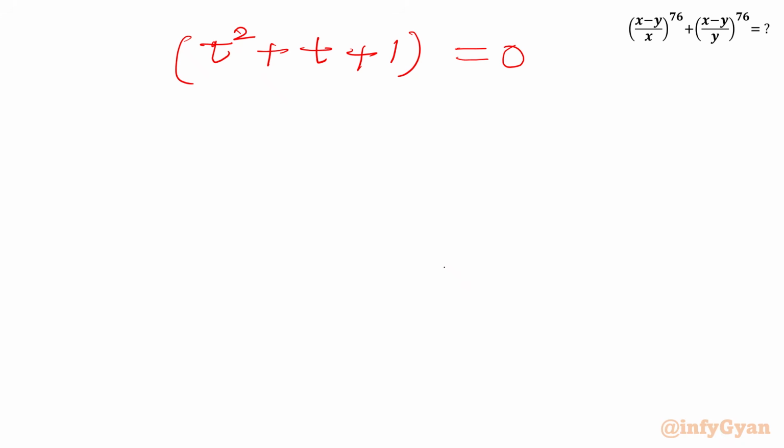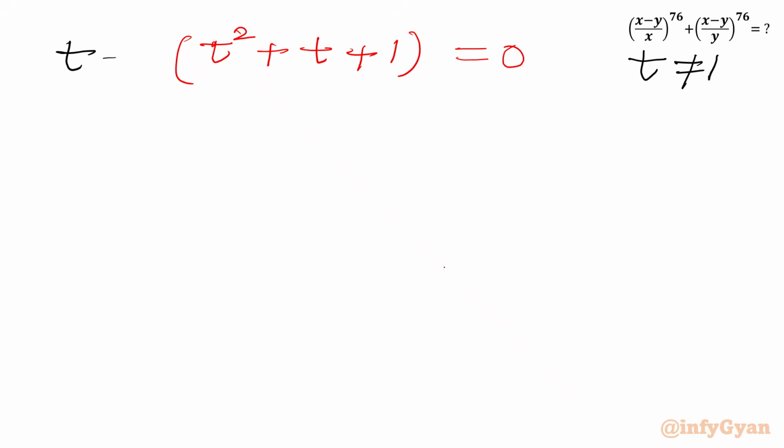Let me write here t square plus t plus 1 equal to 0. Check our equation at t equal to 1. Will it satisfy our equation? So 1 square will be 1 plus 1 plus 1. LHS is 3, RHS is 0. t cannot be 1.